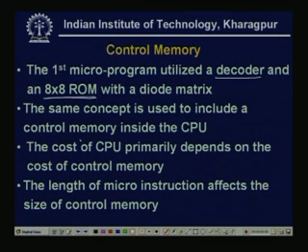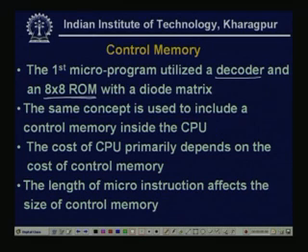Now, this same concept is extended to include a control memory inside the CPU. So now the control memory stays inside the CPU, and the cost of a CPU primarily depends on the cost of the control memory. The length of a micro instruction affects the size of the control memory. Therefore, a major design effort is to minimize the cost of implementing a microprogrammed CPU by reducing the length of the micro instruction.